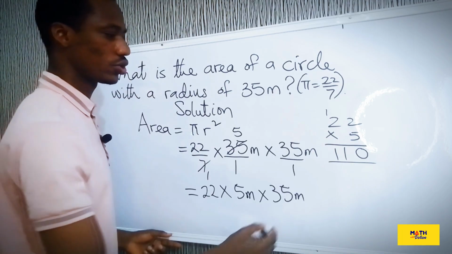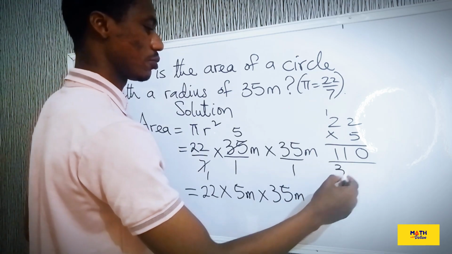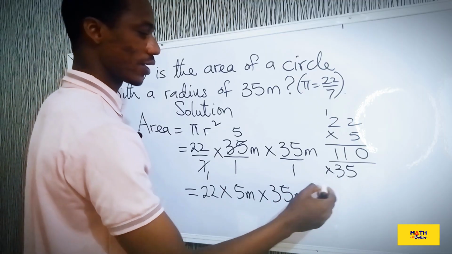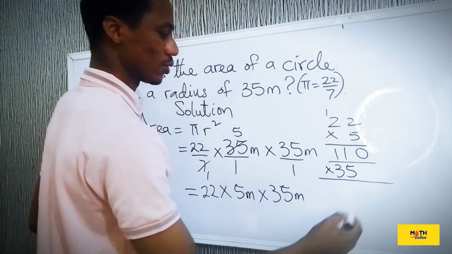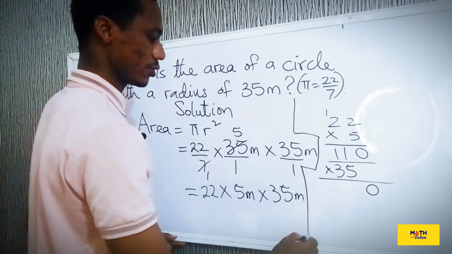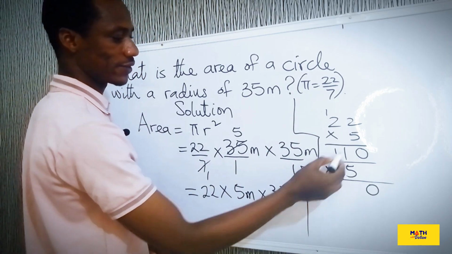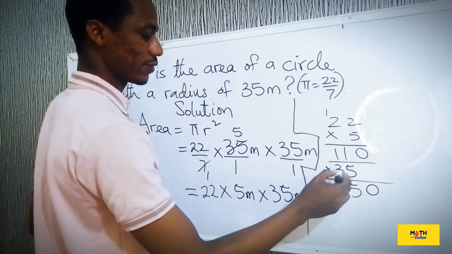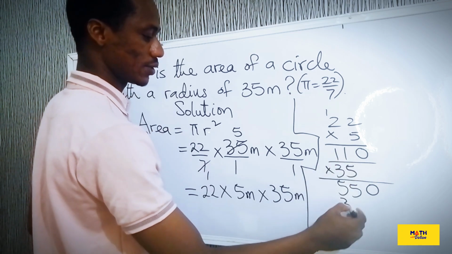Okay, I'm going to show you a little trick here. I'm only going to multiply 35 and 11. I'll bring down the 0. So I have 5 times 1 is 5, 3 times 1 is 3.